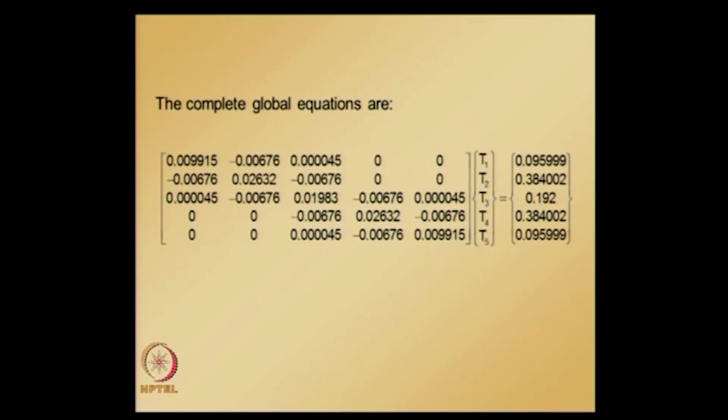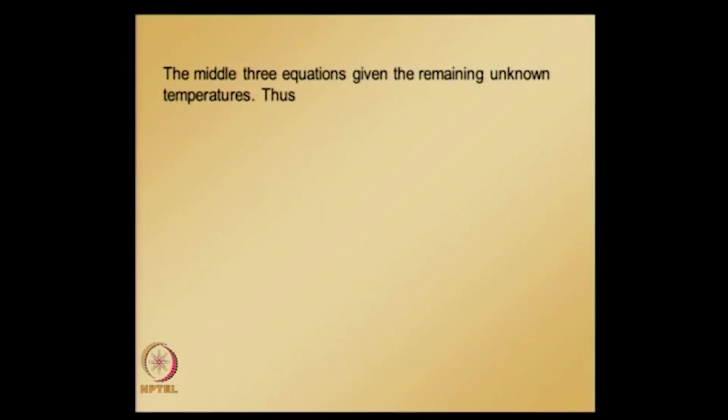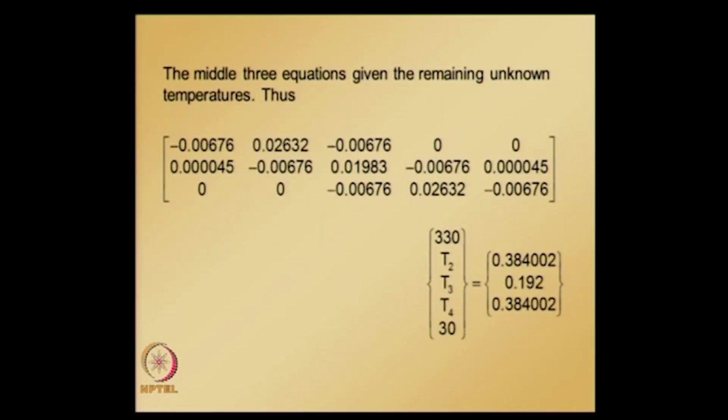So, substituting essential boundary conditions, and deleting or eliminating first and last equation, we get this. Middle three equations give the remaining unknown temperatures. So, we get this equation system.